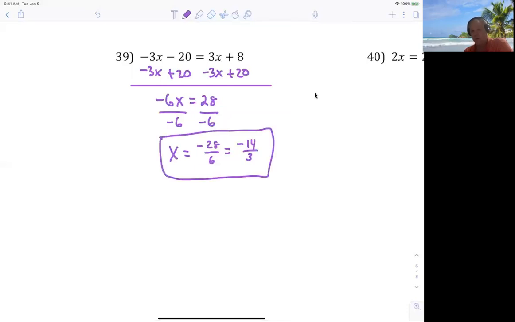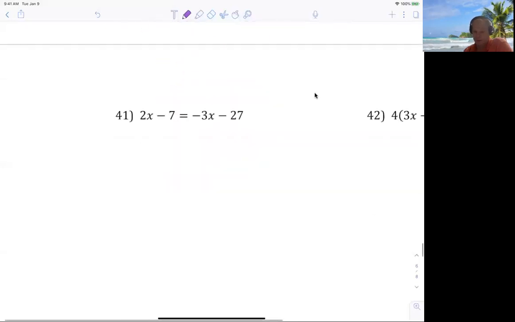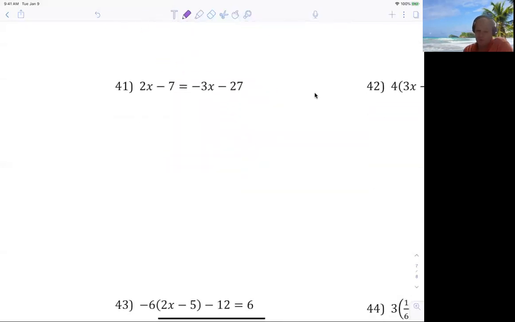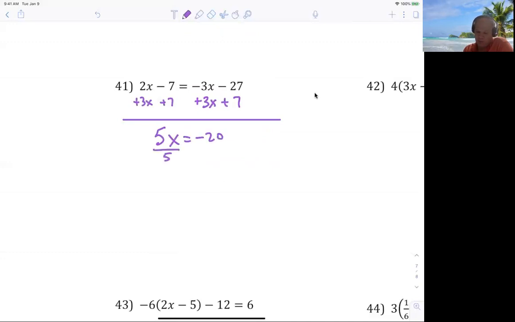Very simple. Variables to the left, numbers to the right. Number 41, variables to the left, numbers to the right. 5x equals negative 20, divide by 5, x equals negative 4. All right, hopefully you're feeling better about it.